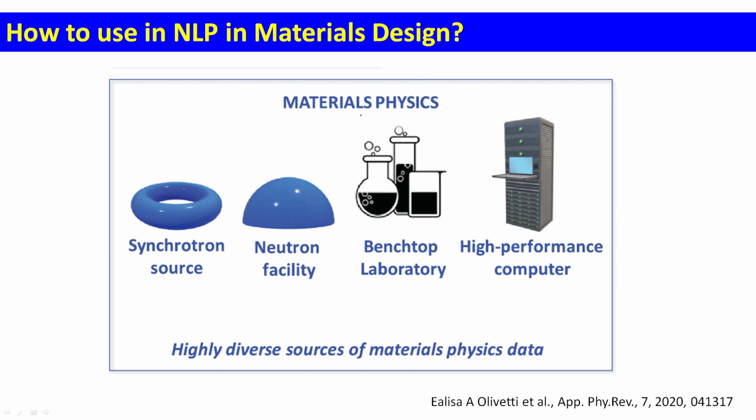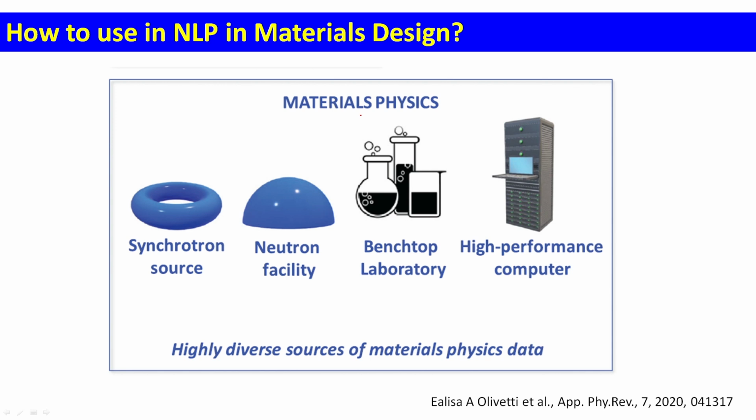Let us talk about neutron facilities. Neutron facilities are also limited, mostly the atomic energy plants have them. Neutrons are used for diffraction studies, and this diffraction of materials will generate a lot of data, which is stored there, and then the users of these facilities take the data and publish a paper.